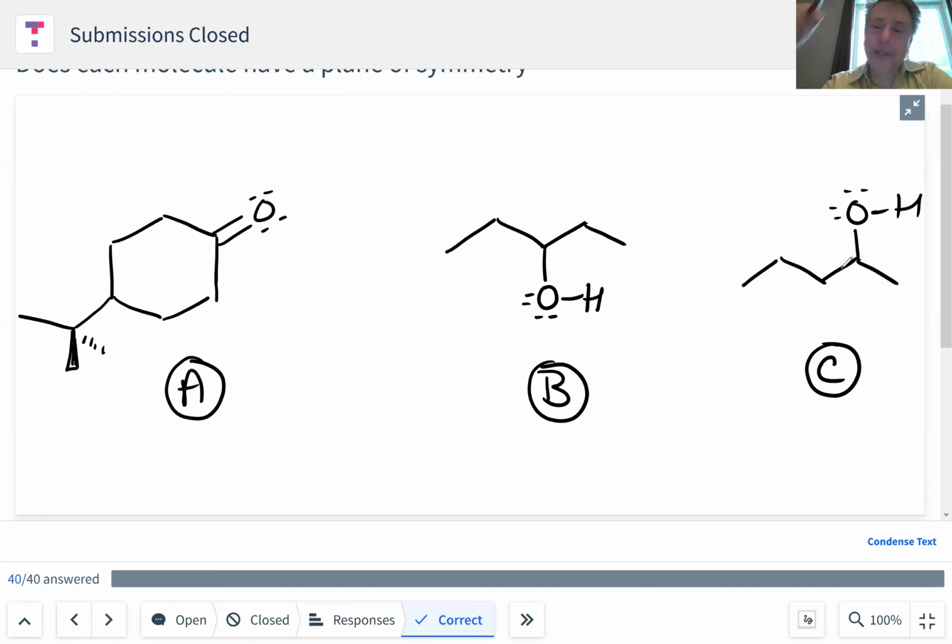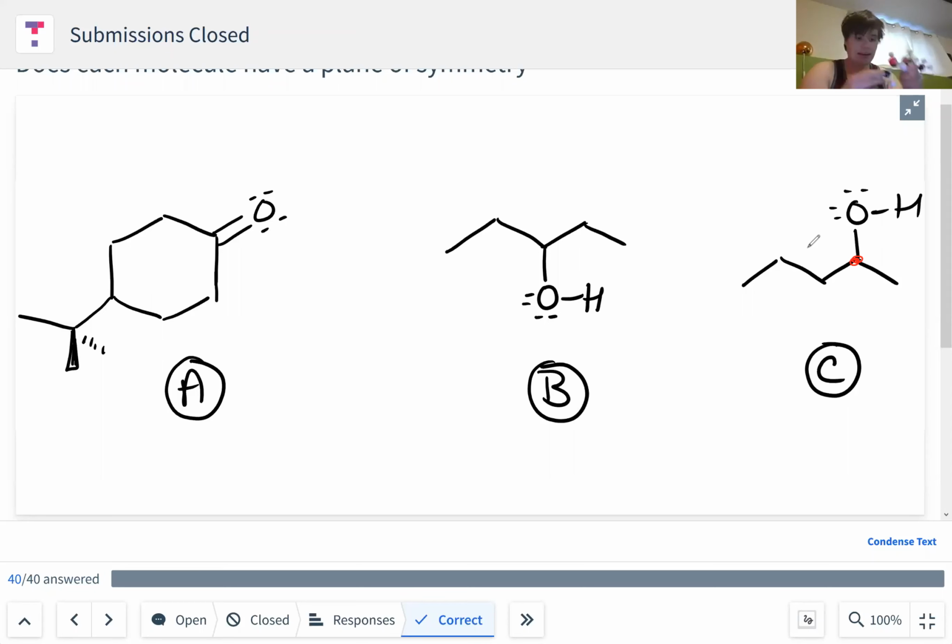So the source of chirality for a molecule is often just one carbon which has got 4 different substituents. So the molecule itself, we would say, is chiral, but the source could be just one carbon. So the carbon's the source of the chirality, but the molecule itself possesses chirality.